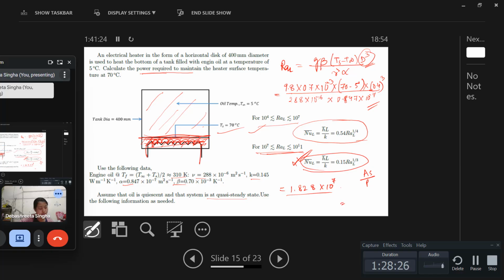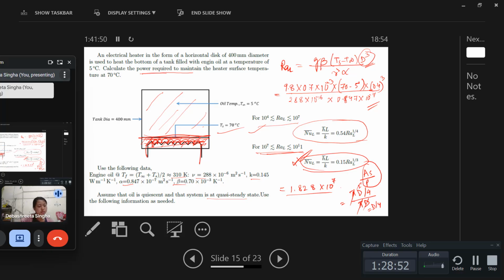So the area is pi d square by 4 divided by perimeter. Perimeter is pi d only. So pi and pi cancel, D and D cancel. So it is D by 4.